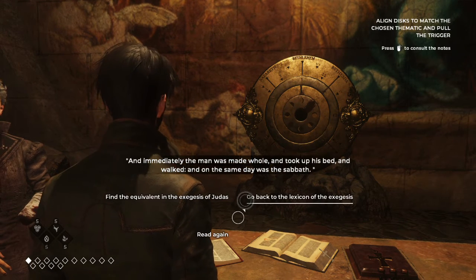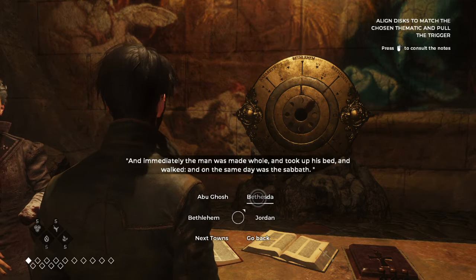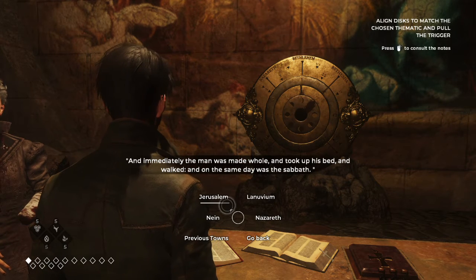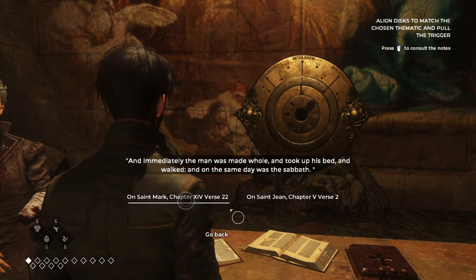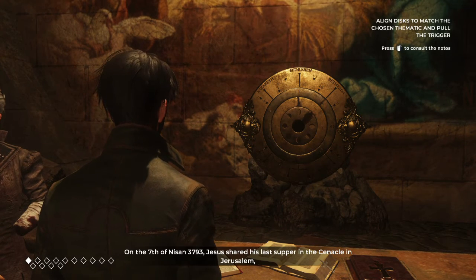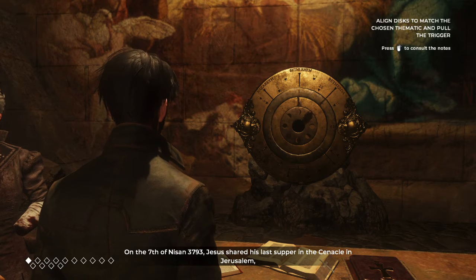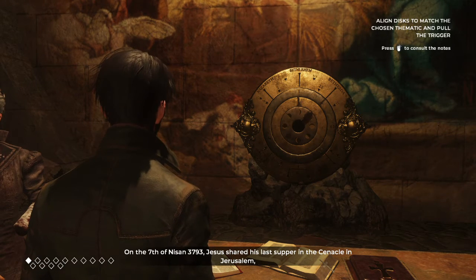Theme. Chapter 14, verse 22. On the 7th of Nisan, 3793, Jesus shared his Last Supper in the Cenacle in Jerusalem.